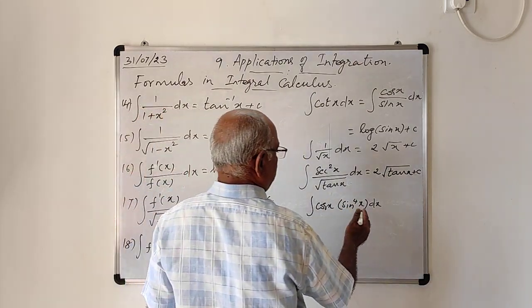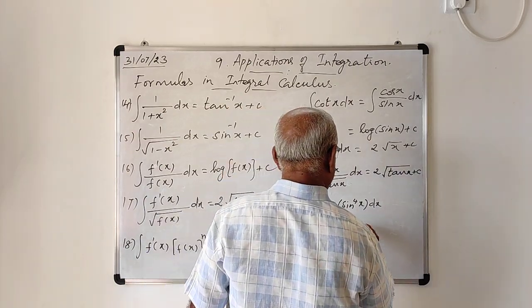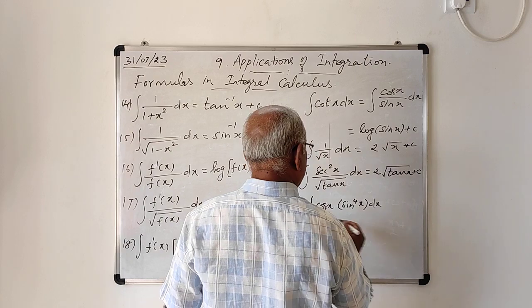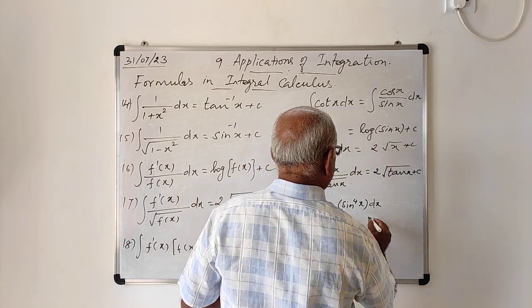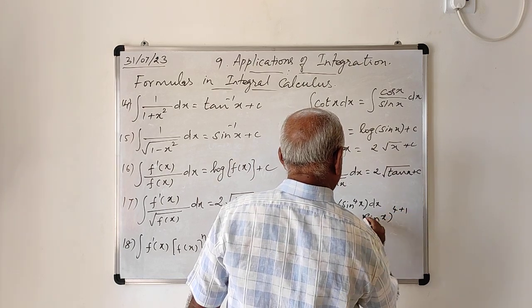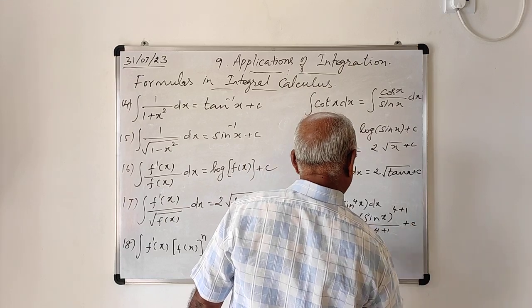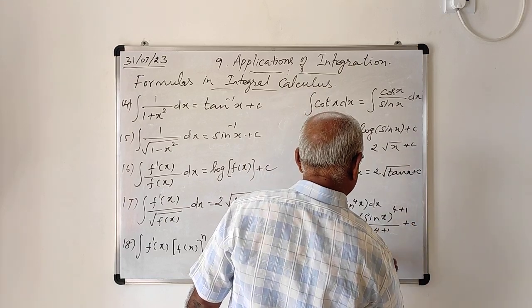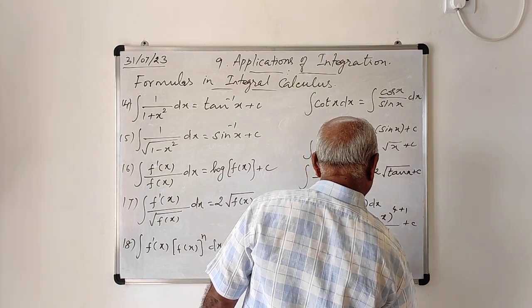Therefore, it is of the form f dash of x into f of x power n dx, and your answer is f of x power n plus 1, so sin x power n plus 1 by n plus 1 plus c, that is equal to sin power 5 x by 5 plus c.